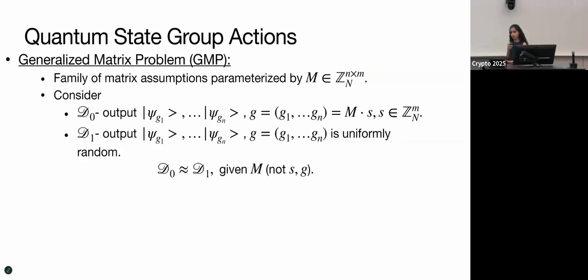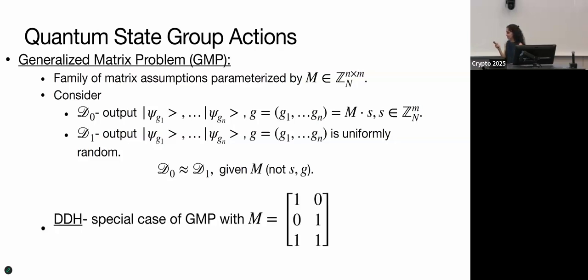And the second distribution is psi g1 through gn, where this vector g is just uniformly random. And the assumption is that d0 is indistinguishable from d1, even if we're given M, but we shouldn't be given S or G. So the secret shouldn't be given and the vector G shouldn't be given.